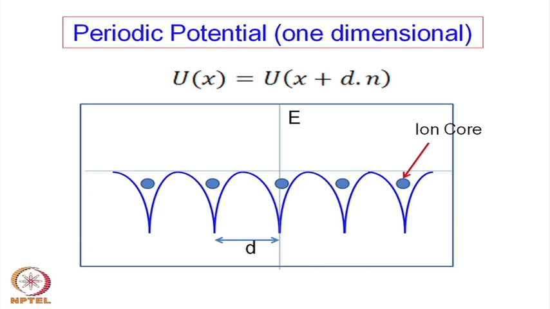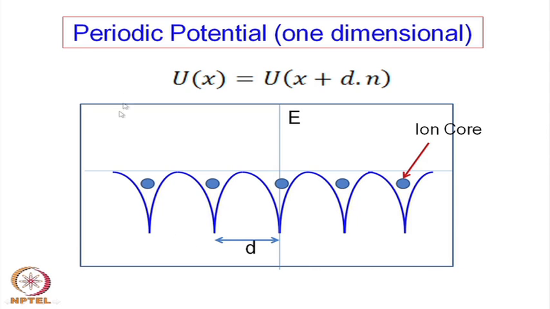That is a more realistic situation, and of course, that makes the mathematics much more complex than what we have seen earlier. However, it gives us a more realistic representation of the situation.